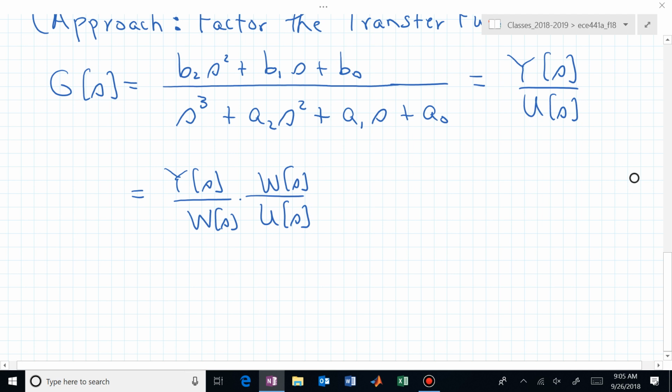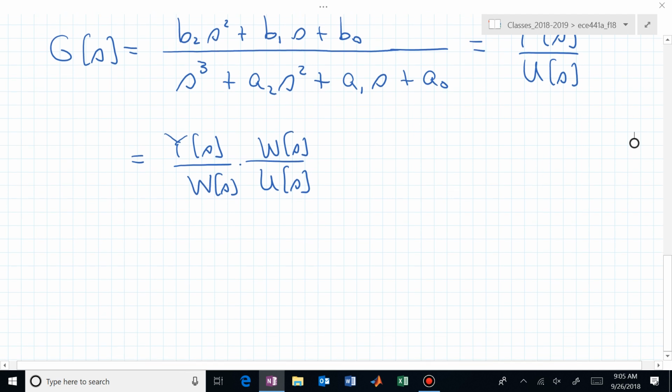And here's how I'm going to now associate these two. So what we've done now is we have a y over w, and we also have a w over u. And we're going to multiply those together. So now we have two things that we really just had one of before.